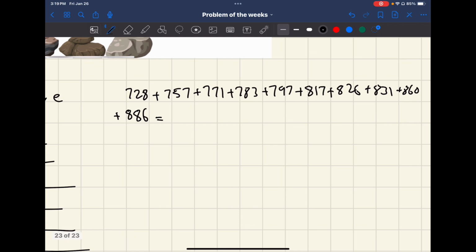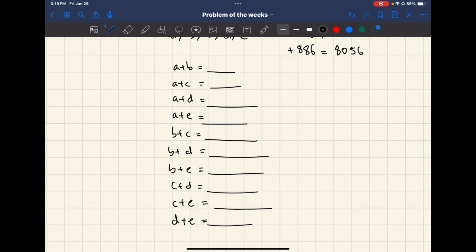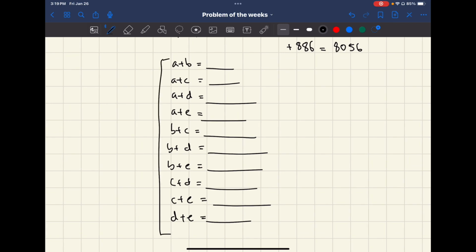And I hope I entered all the values correctly, but I got 8,056. And this 8,056 is the same as this all added up, right?